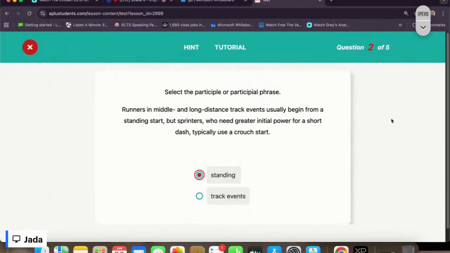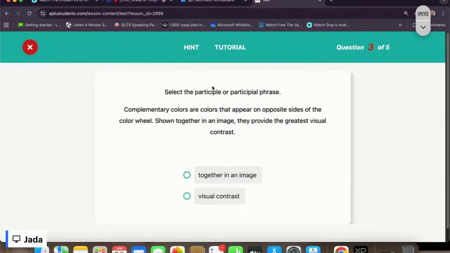Okay, so we have standing. Complementary colors are colors that appear on opposite sides of the color wheel, shown together in an image. They provide the greatest visual contrast. First or second?